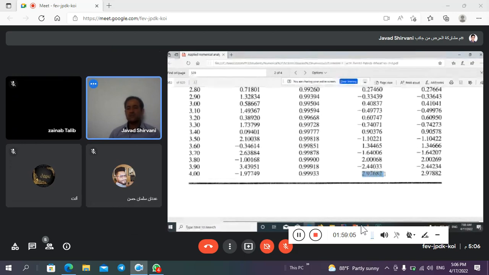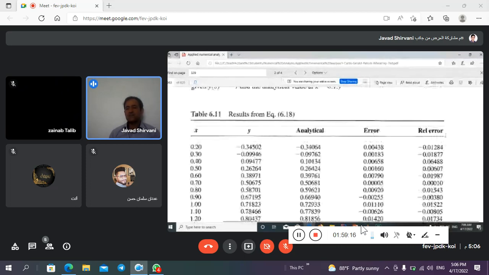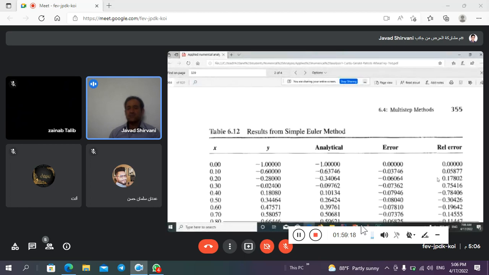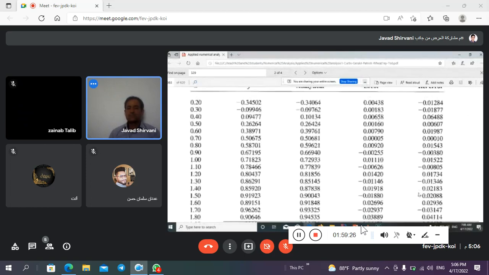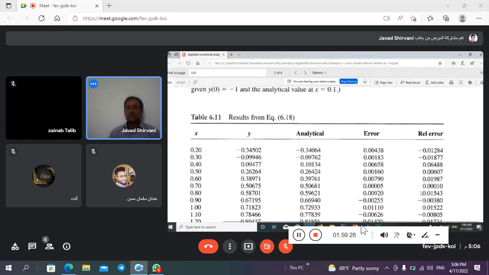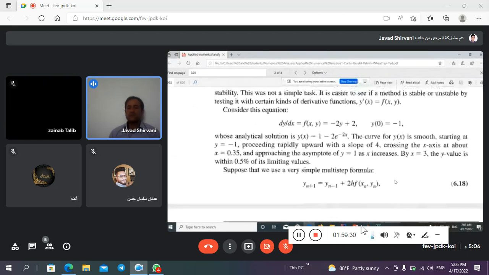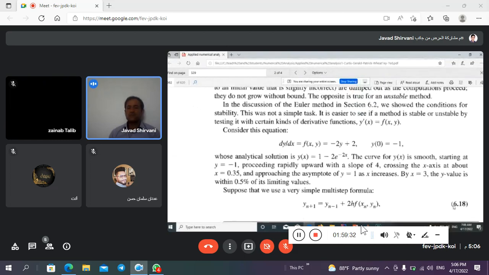For example, at the point 4, we have near 3 for the error, and this is the relative error.